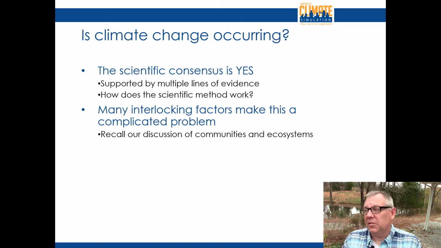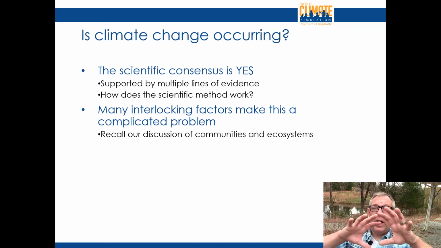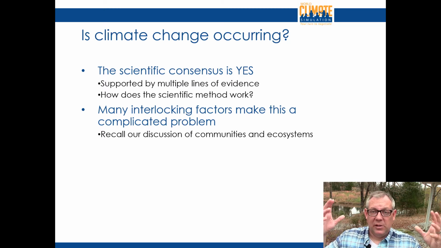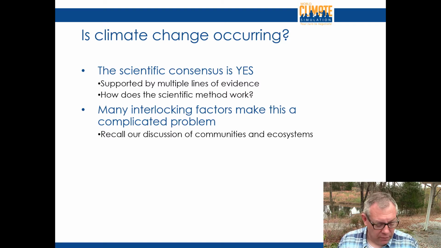And remember we talked about things like keystone predators, or just disrupting a single part of the food web can have cascading effects throughout the entire thing. And so climate change is that sort of idea writ large, right? Where there's lots of factors that are involved, and it's very complicated.